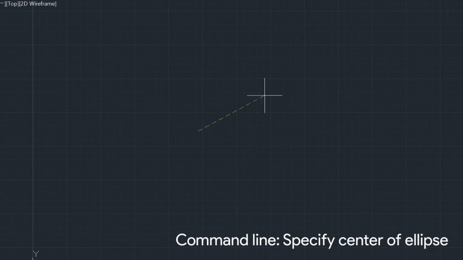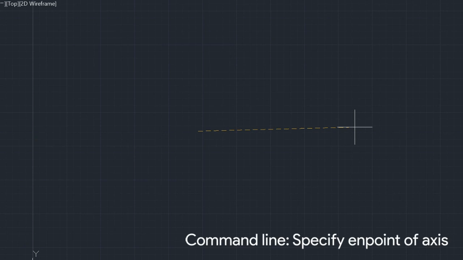Center of ellipse, that one. And now, it asks for one axis, either major axis or minor axis, depending on which one you choose, or you decide. So, first endpoint of our ellipse, with ortho mode on. First endpoint of your ellipse.